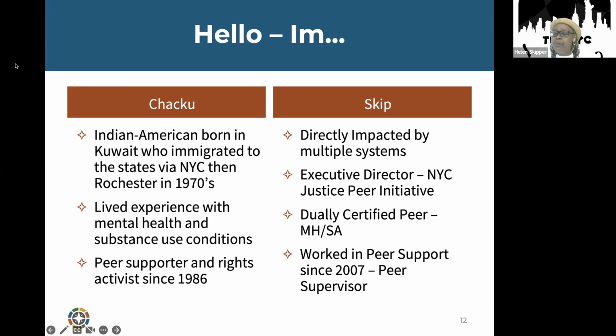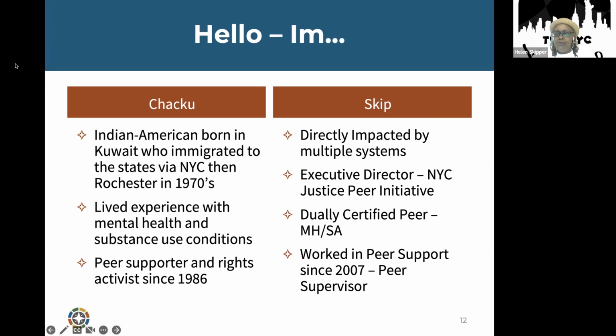I have worked in peer support since 2007. I have gone all the way up to being a peer supervisor. But the criminal justice system is what has impacted me. I was led into that system because of my drug addiction, because of the mental illness that was not treated, was not recognized, and there I stayed.